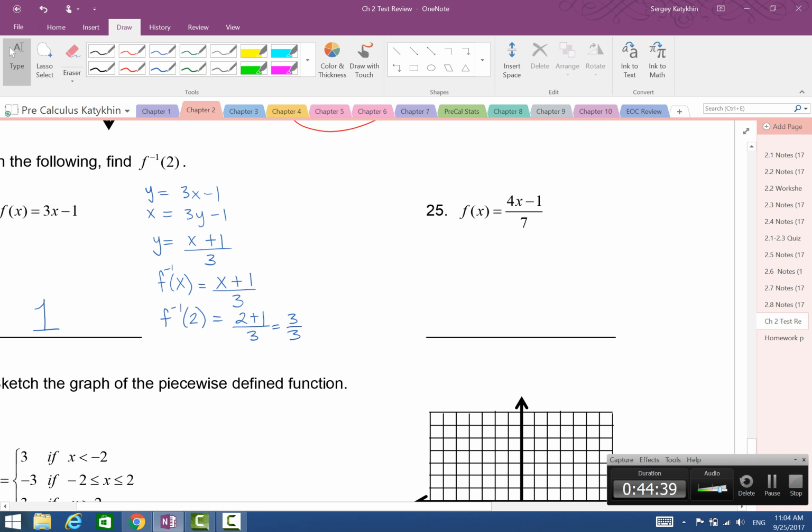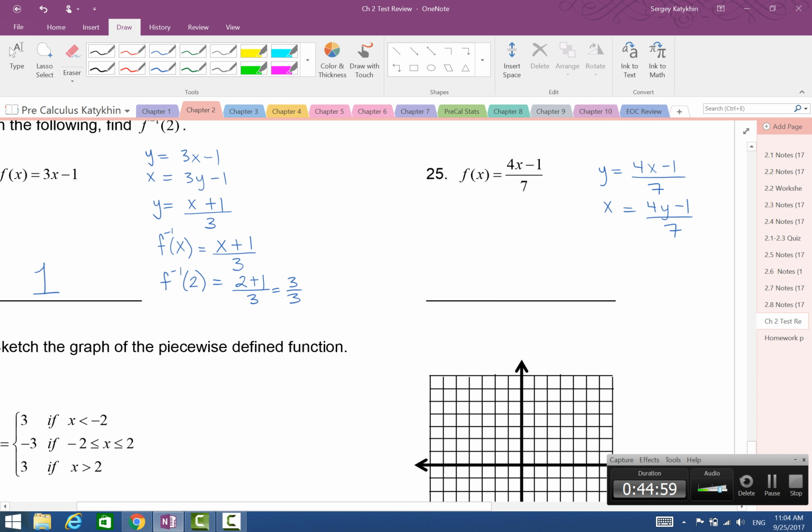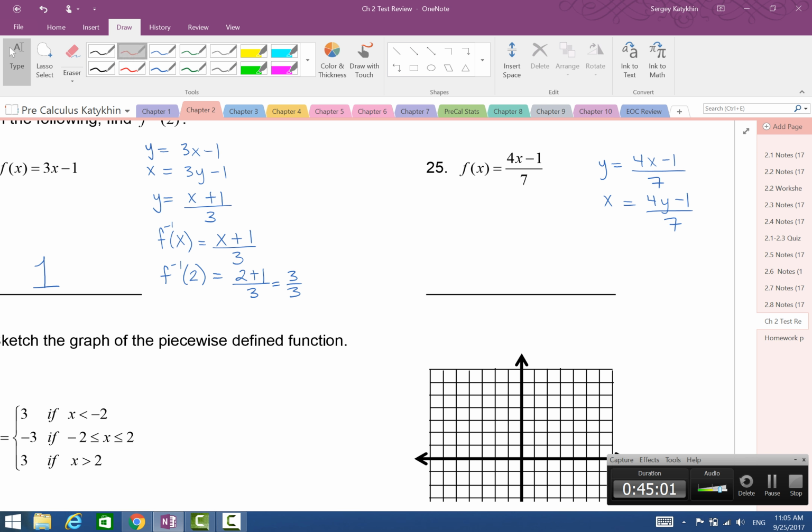Similar steps are going to be taken here. First thing, replace f of x with y. That gives me y equals 4x minus 1 divided by 7. Then switch x and y, so that gives me x equals 4y minus 1 divided by 7. Multiply by 7 on both sides, so these can simplify, cancel out.